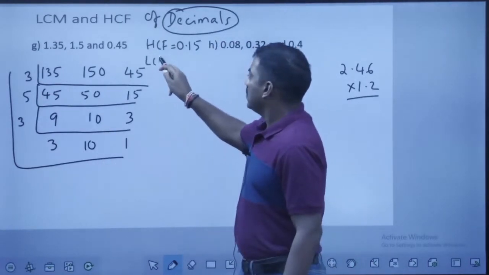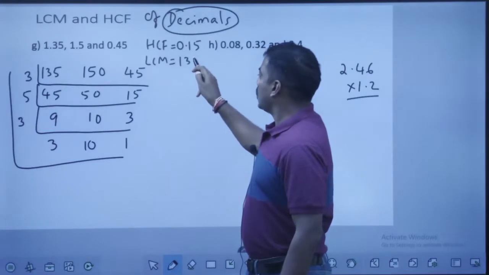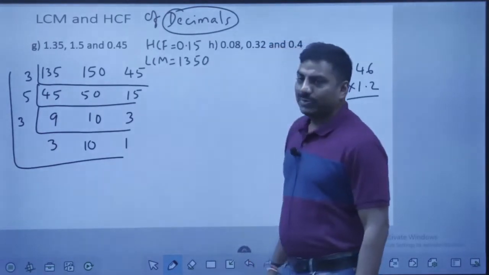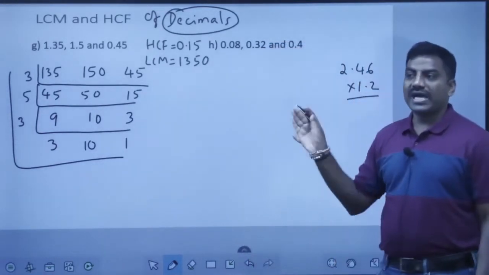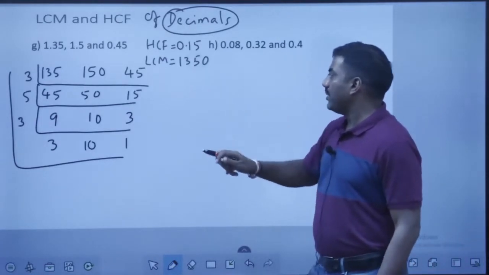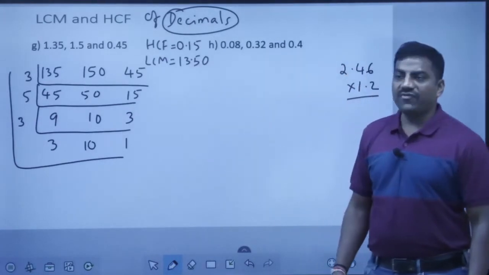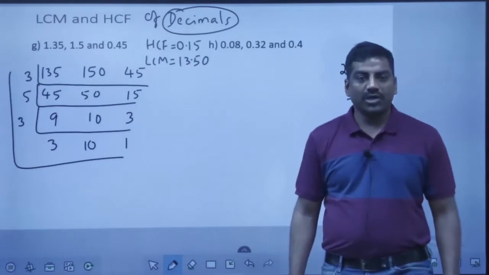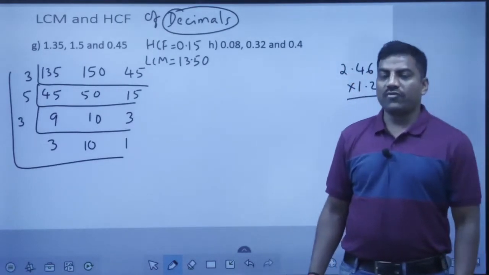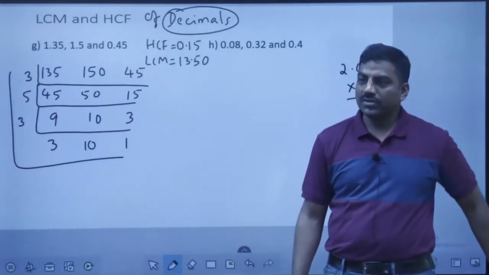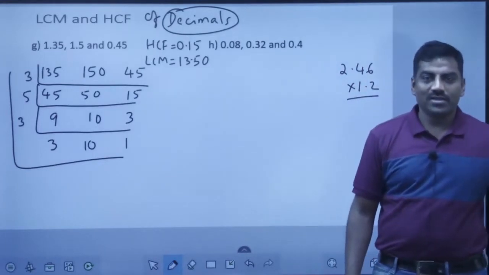So LCM is equal to 1350. But is it our expected answer? No. Give back the decimal point. So this answer will become 13.5.